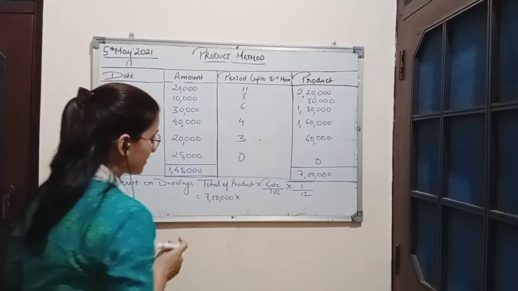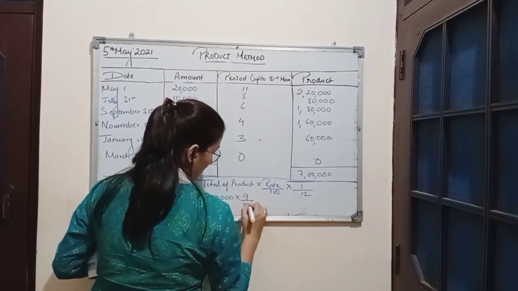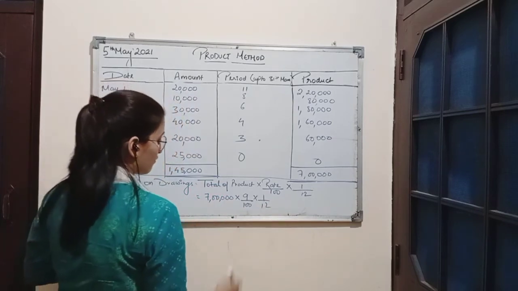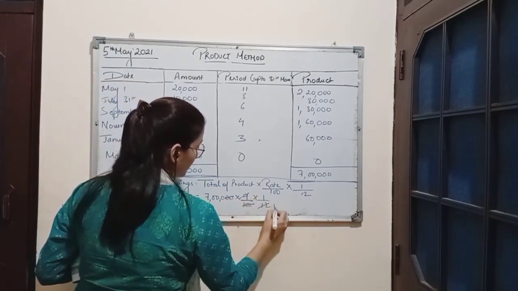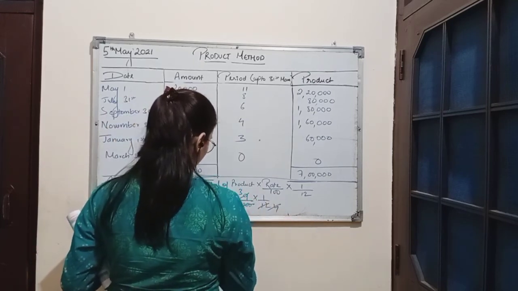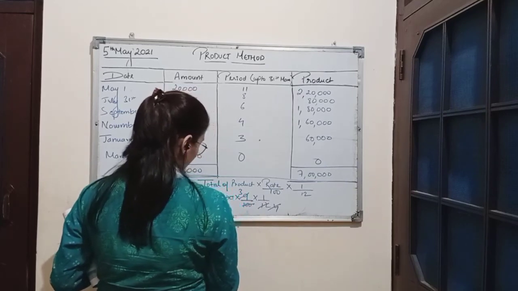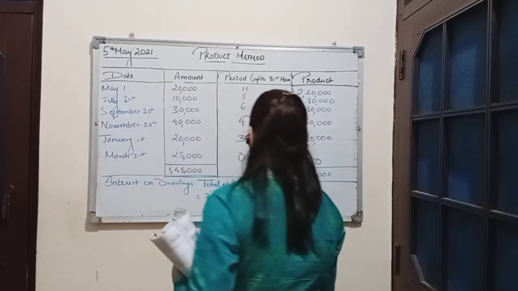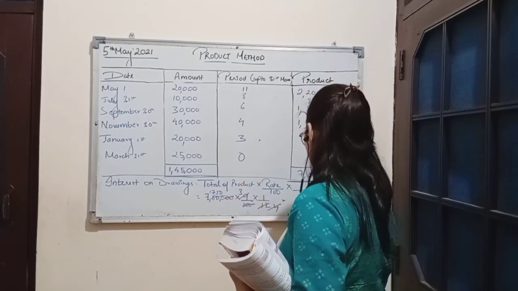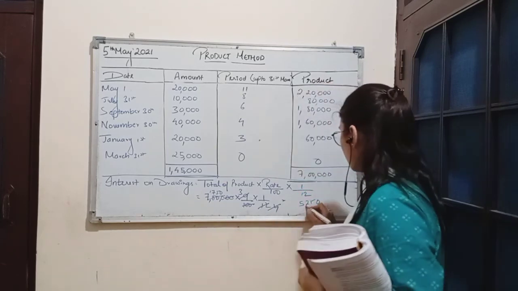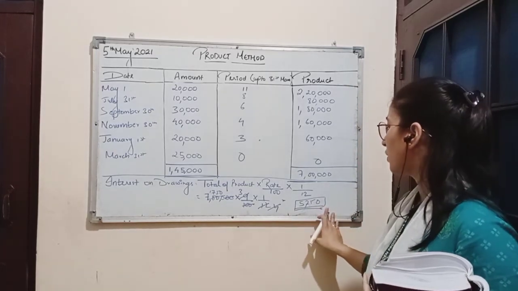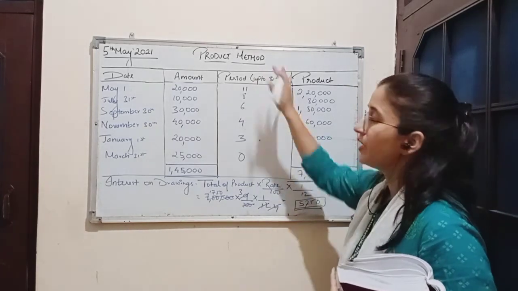Rate of interest on drawings is 9% and it will be calculated for 1 month. So if we calculate this, we will get the amount 5250. So this is the interest on drawings which is calculated by product method.